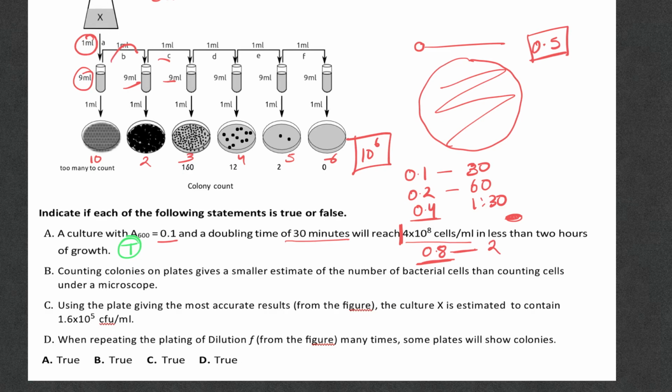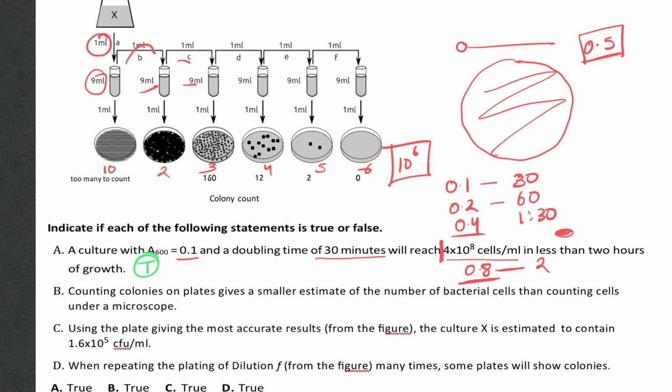Counting colonies on plates gives a smaller estimate of number of bacterial cells than counting cells under a microscope. Well, if you're counting colonies on the plate, what will happen? We are counting the colony forming units. You have to understand that colonies will only be formed by living bacterial cells, right?